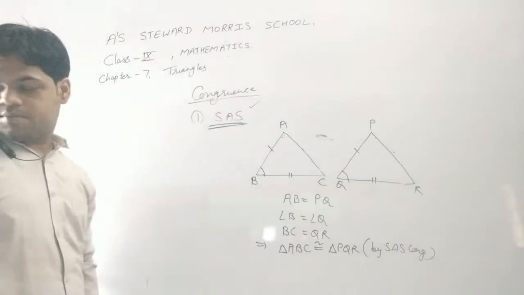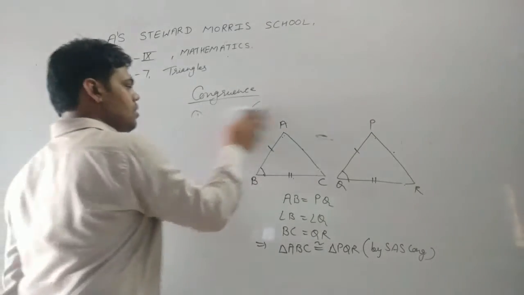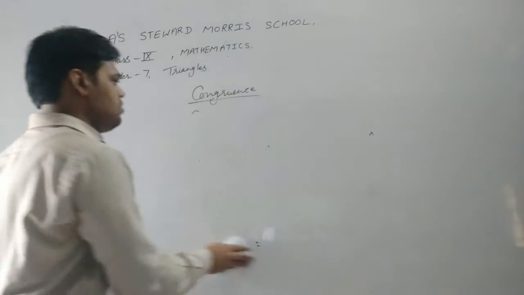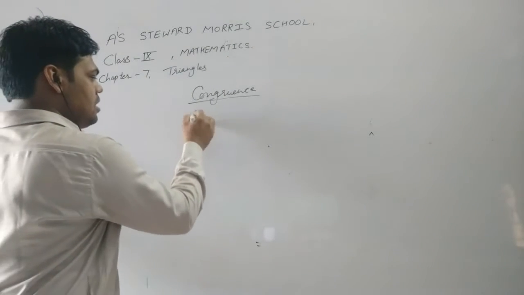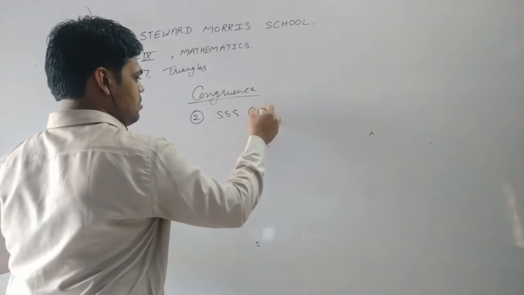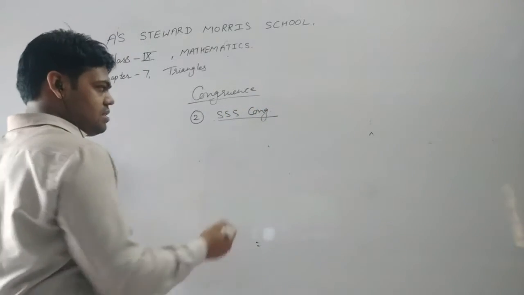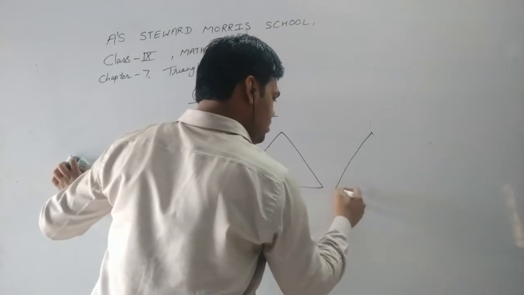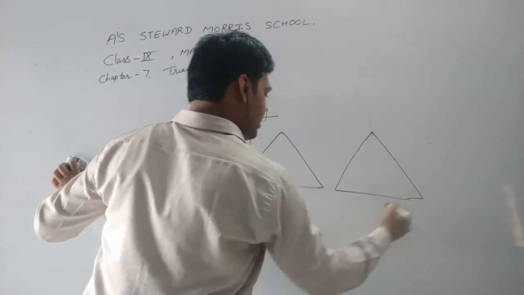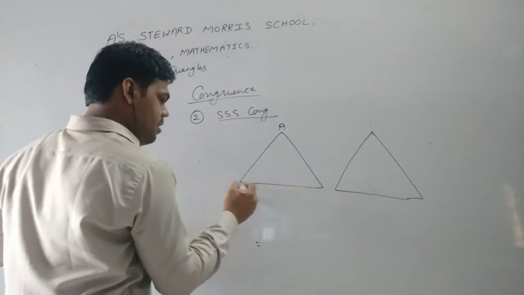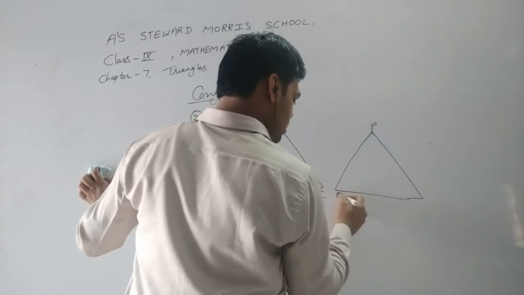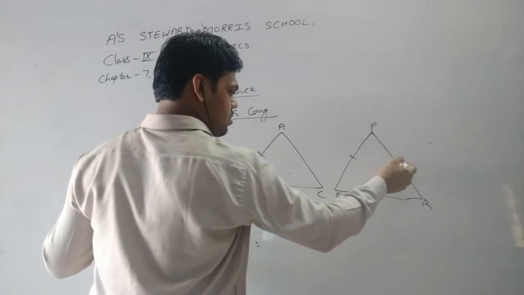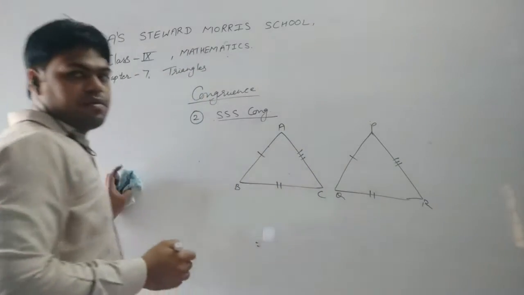Okay. Now the next part is your SSS congruency rule. What is the meaning of SSS congruency? All the 3 sides of a triangle should be equal to the 3 sides of another triangle. It will be triangles ABC and PQR again. This side is equal to this side.